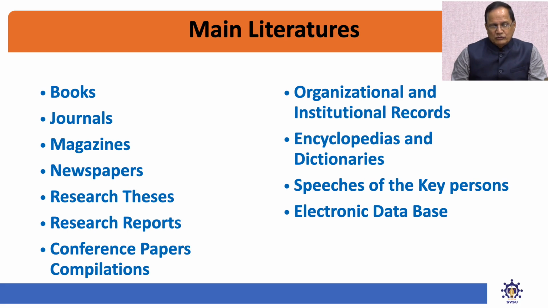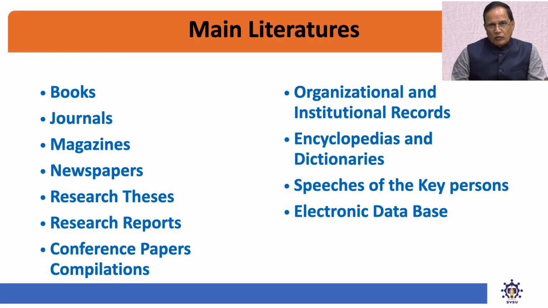Second source is journals. Basically, journals are compilation of a particular discipline oriented research reports in a booklet form, and there are different journals available related to the different disciplines.